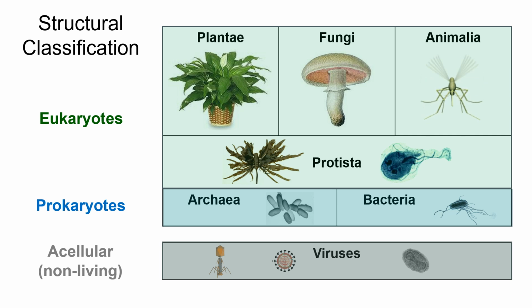So we have the eukaryotes. That includes kingdoms Plantae, Fungi, Animalia, and Protista. And then we have domain Archaea, domain Bacteria. There are, of course, smaller subdivisions within those groups as well, and we'll look at some of the major ones.